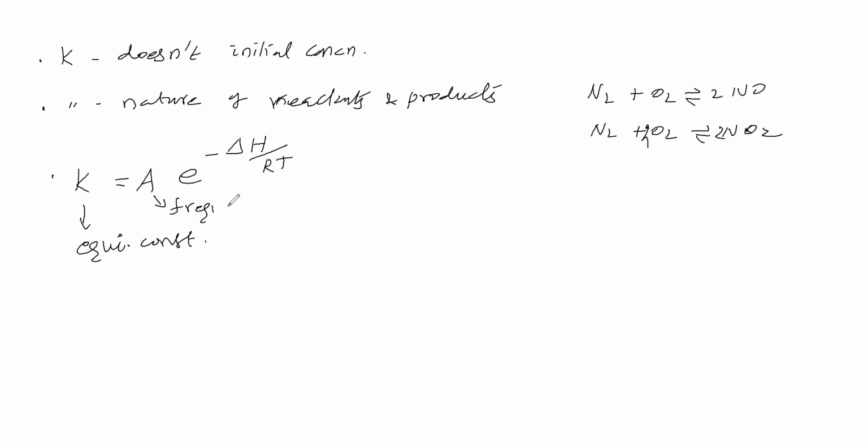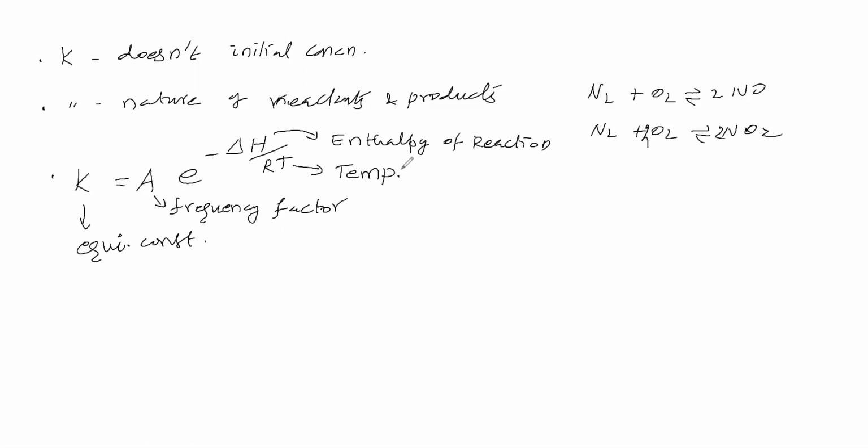Delta H is called enthalpy of reaction. Then R is called universal gas constant. T is called temperature.